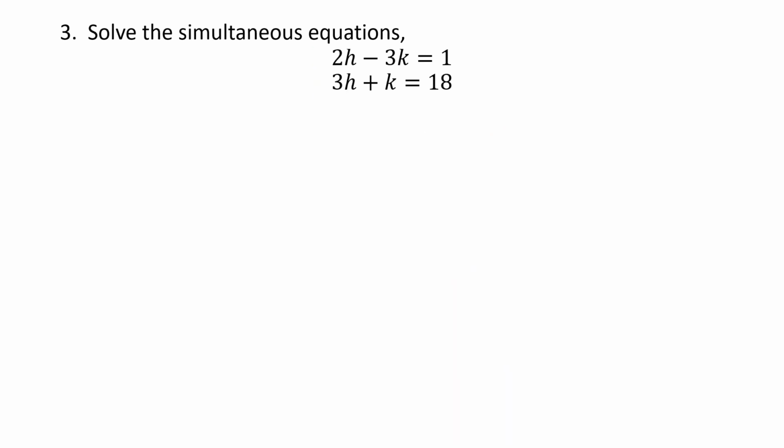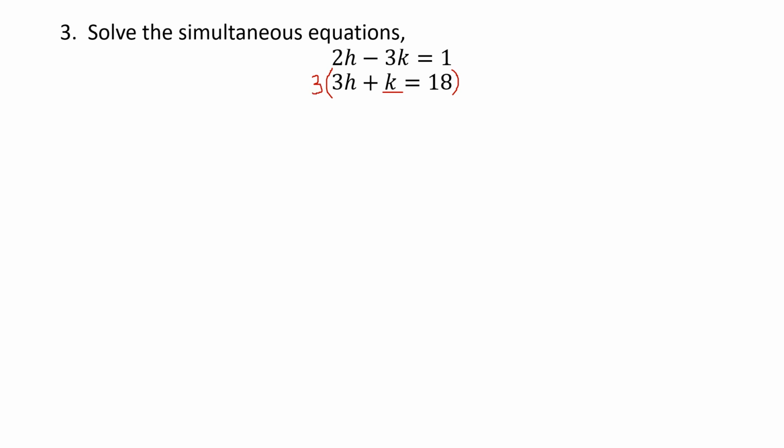in this case, if we look at the coefficients of h, they are totally different. The coefficients of k, they are totally different as well. So let's choose. In this case, it is very easy to make this k equal to 3k, right? So we are going to multiply the entire equation, the whole of this equation 2, by 3, like this.